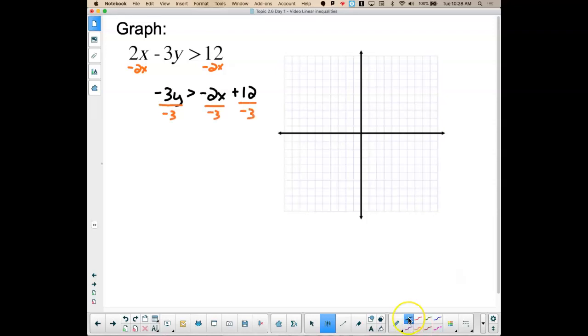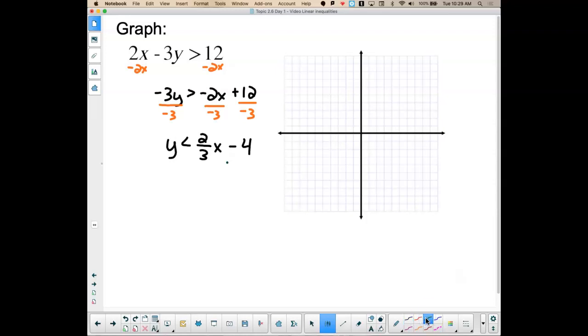That's going to give me y is less than, because I'm dividing by a negative, that rule of flipping the inequality still holds, 2/3 x, negative 2 divided by negative 3 is positive 2/3, x, plus 12 divided by negative 3 is minus 4.